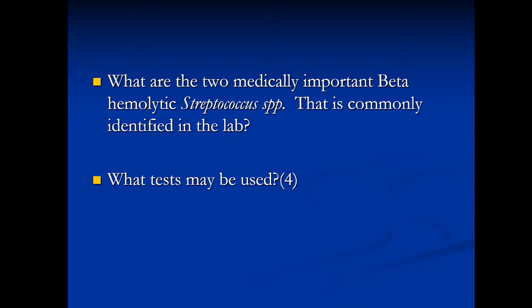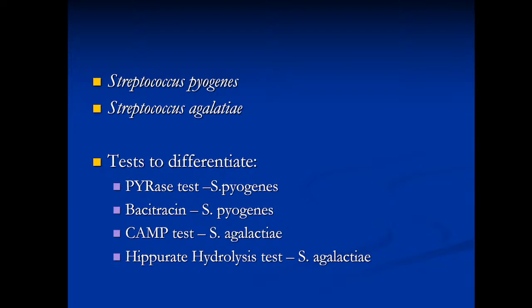So please don't forget, Streptococcus pyogenes and Streptococcus agalactiae need to be differentiated from each other. The PYR test, pyrrolidonyl test, will test positive for Streptococcus pyogenes as well as bacitracin. CAMP and hippurate hydrolysis will test positive for your Streptococcus agalactiae.